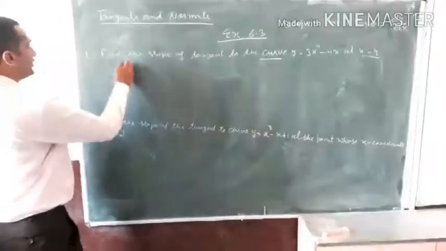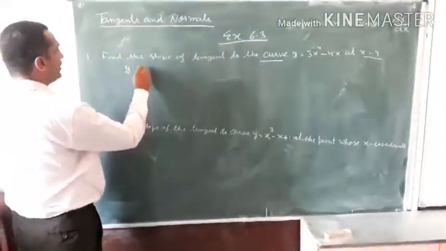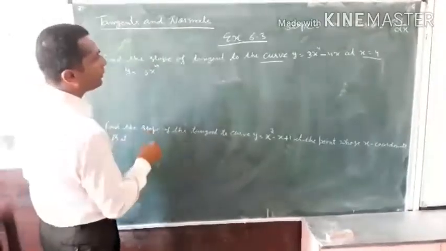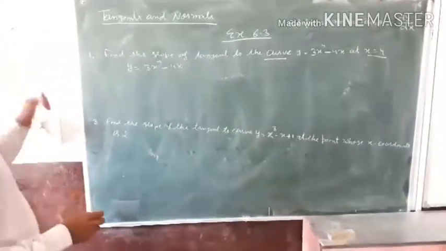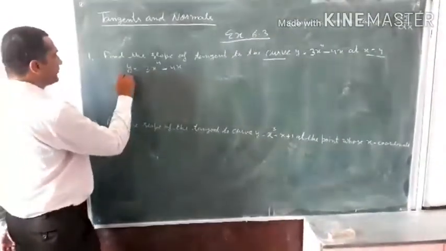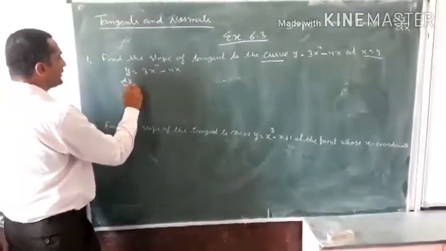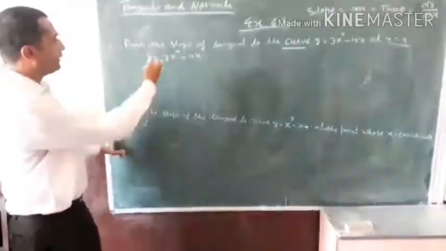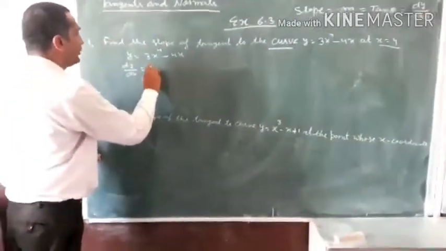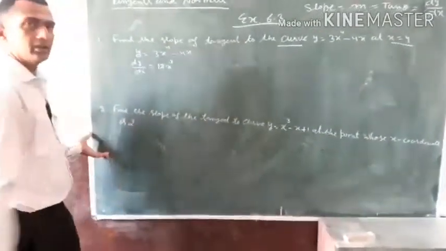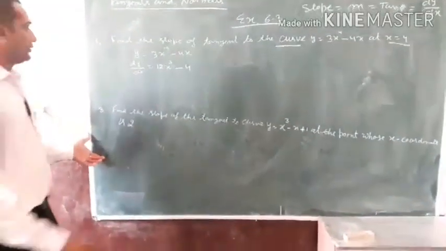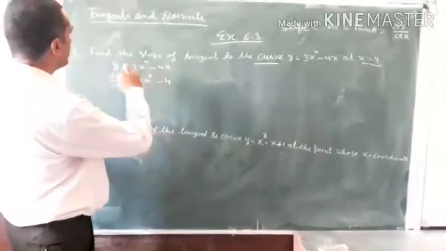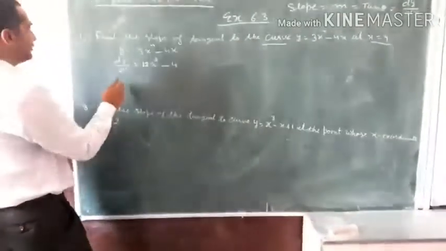So y is equal to 3x raised to power 4 minus 4x. So find the derivative of this. dy over dx is equal to the derivative of this: 4 3 का 12x raised to power 3 minus 4. So the slope of the tangent at point x is equal to 4.